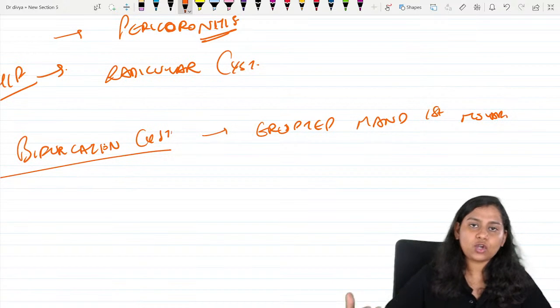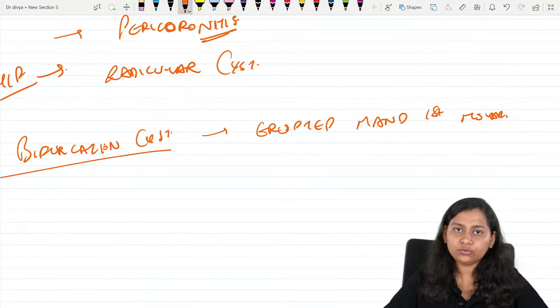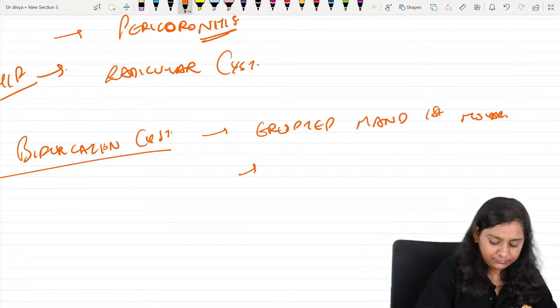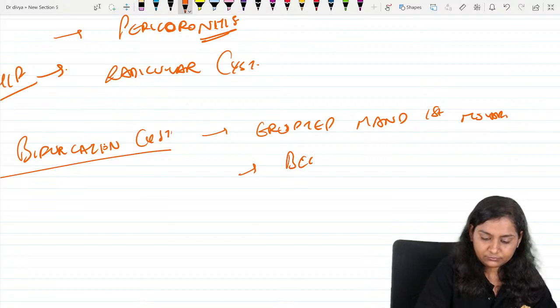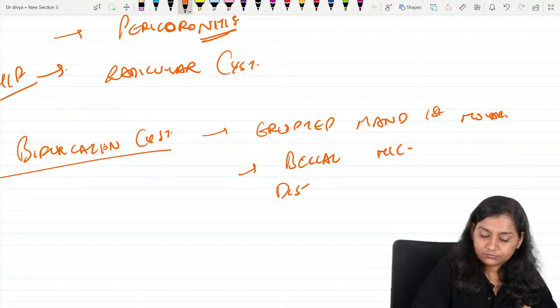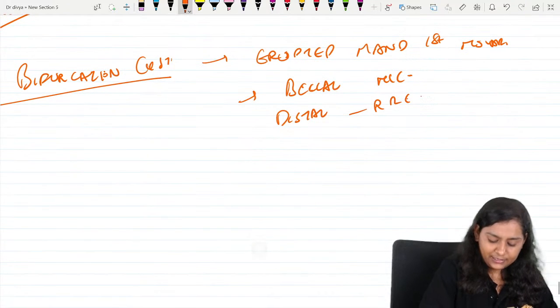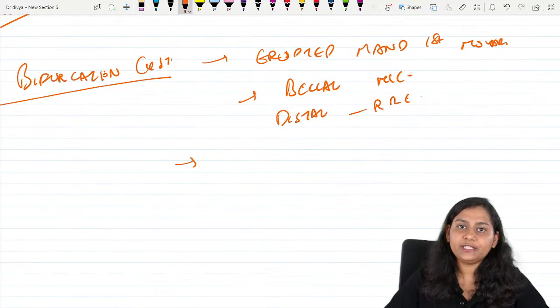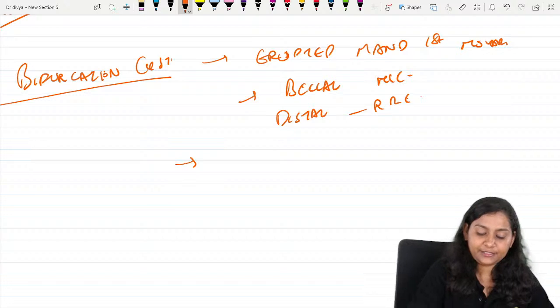Now it is most commonly seen in the buccal part of the tooth. Distal is very rare.